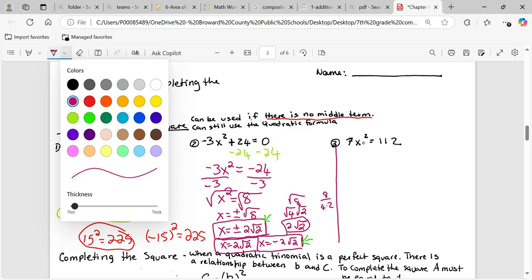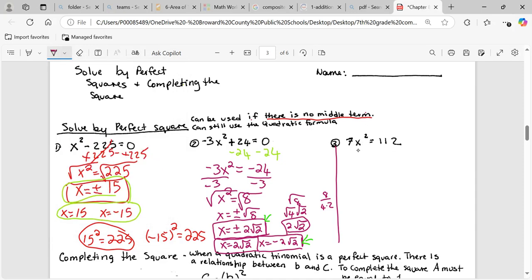Now that you have paused, you want to get x squared by itself. So you would divide both sides by 7, so that x squared is equal to 16. And then you would take the square root, and x is equal to, please remember this sign, positive or negative square root of 16, which is 4.